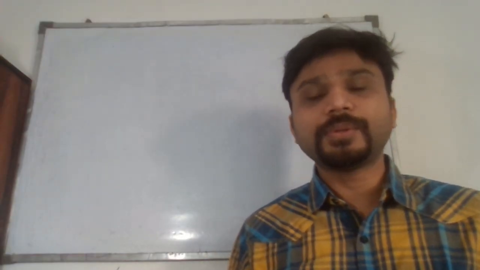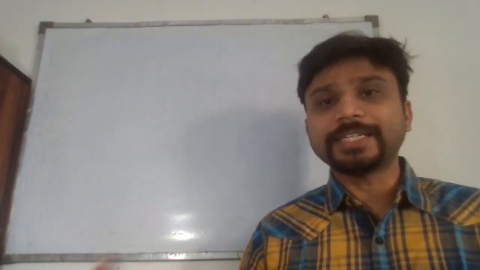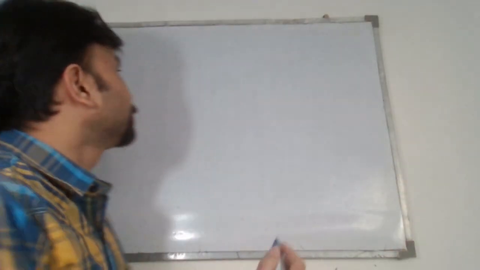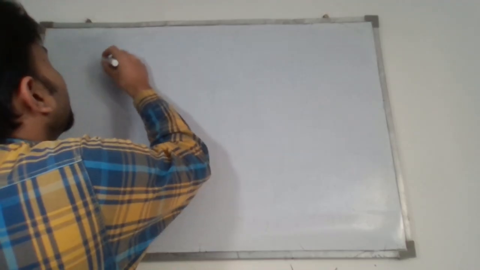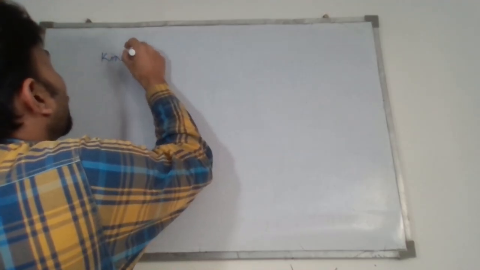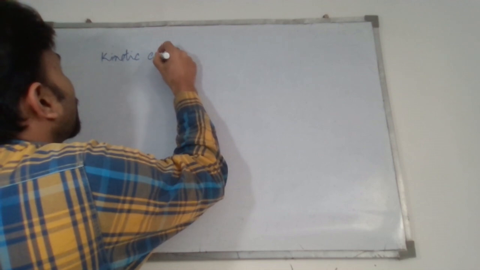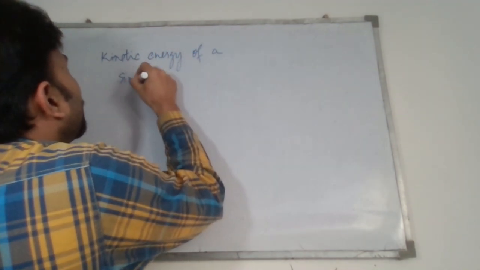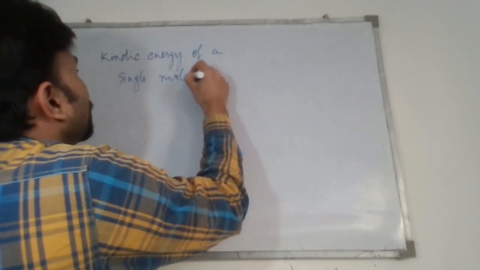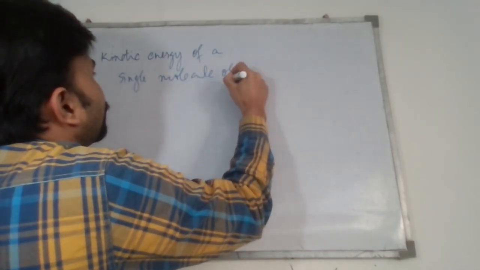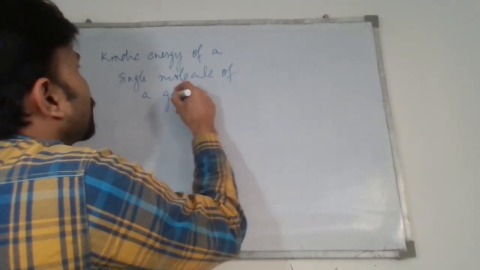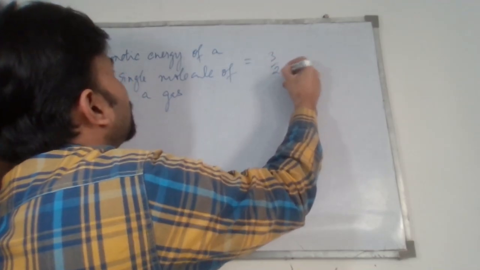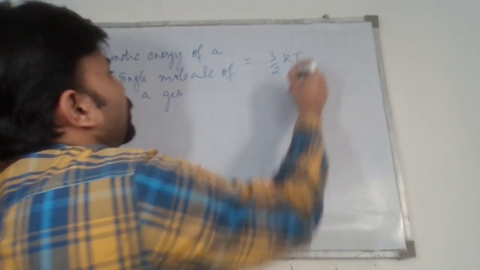Next, we want to obtain the average kinetic energy of a single molecule. So we will say the kinetic energy of a single molecule of a gas is equal to 3 by 2 kT.